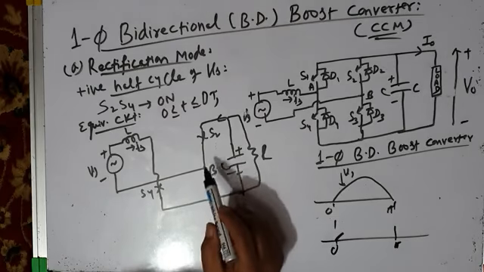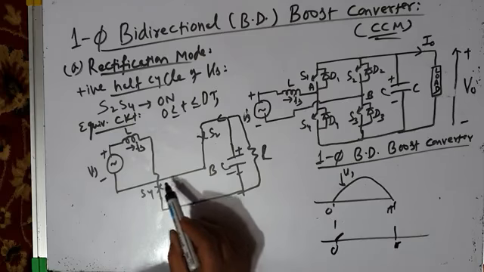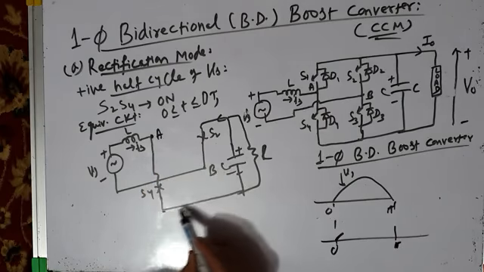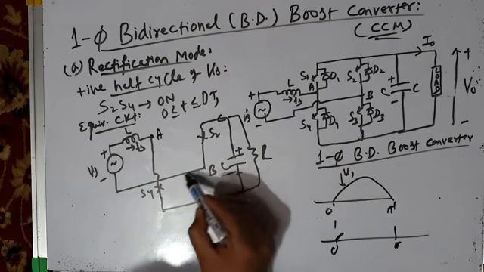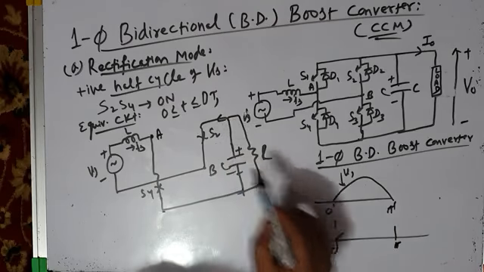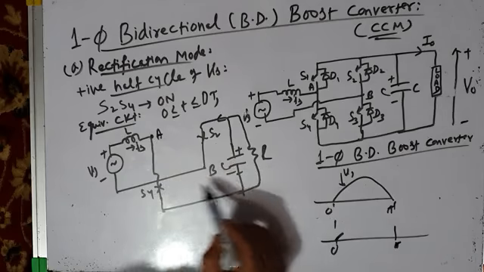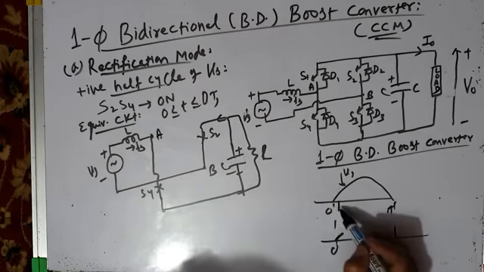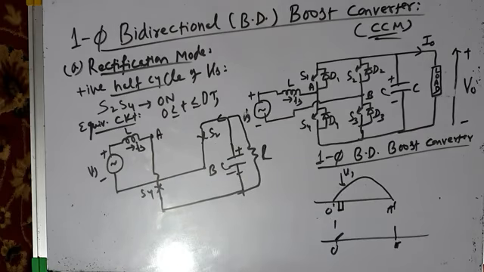And by the way, this is terminal A, this is terminal B. You can see A is connected to negative terminal of the capacitor and B is connected to positive terminal of the capacitor. So what is VAB? A negative voltage pulse will appear across A and B. That's called converter input voltage, which becomes negative.